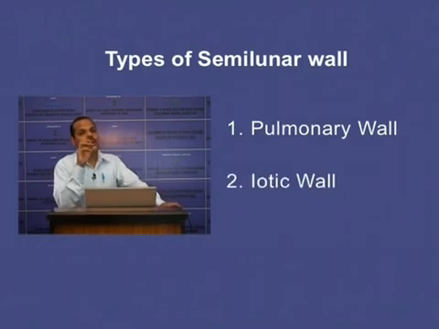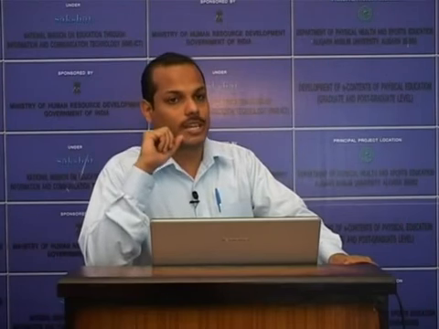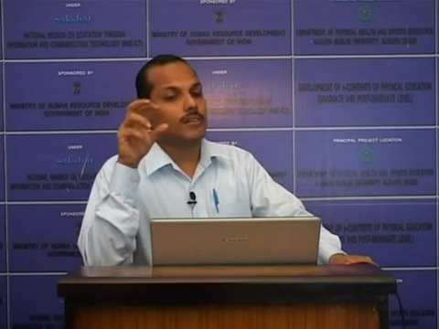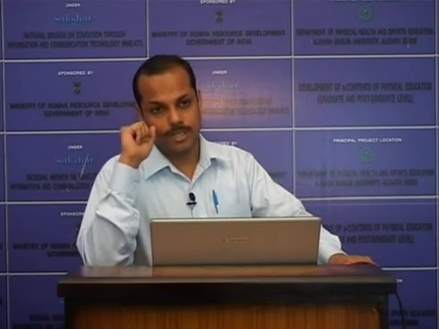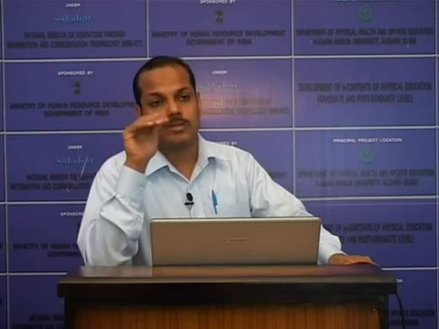The pulmonary valve is present between the right ventricle and the pulmonary trunk, and the aortic valve is seen between the left ventricle and the aorta. Again, the main function of these valves is to prevent backflow from the great vessels into the ventricle.